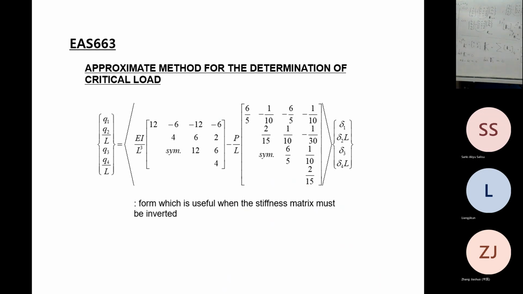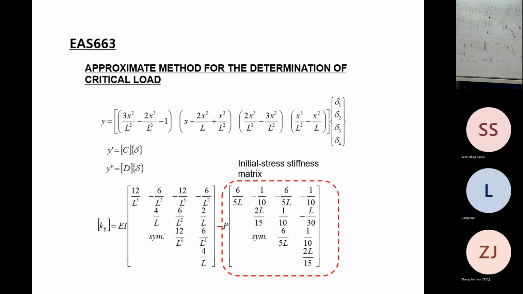So either this one or this one can be used. In this one, L is inside the matrix. The next one, L is outside the matrix.